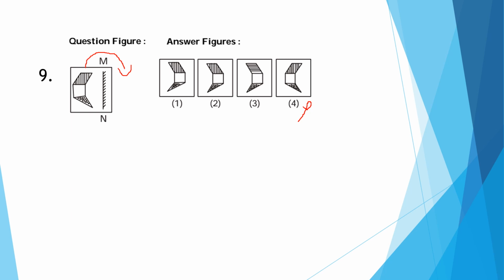In the third one, the lines are horizontal, but in the question figure there are vertical lines, so this is also not correct. Observe options 1 and 2, and these dots. Here there is more gap. In the first option, in these dots, there is no gap at all. So option 2 is the correct answer, and option 1 is a wrong option.